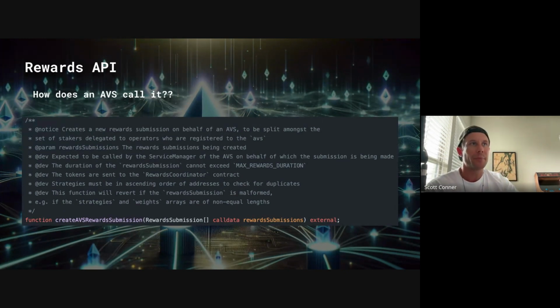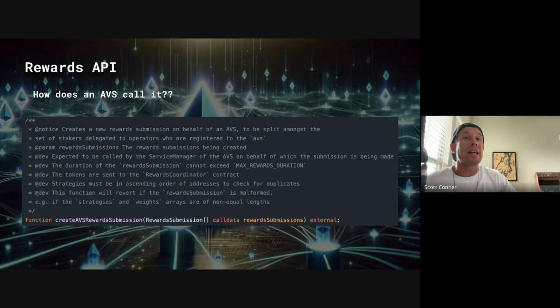So we try to be as unopinionated as possible, but we also provided this range functionality to reduce the gas, the ability for you to express this over every single shot. It also provides some sort of forecast or schedule for stakers.